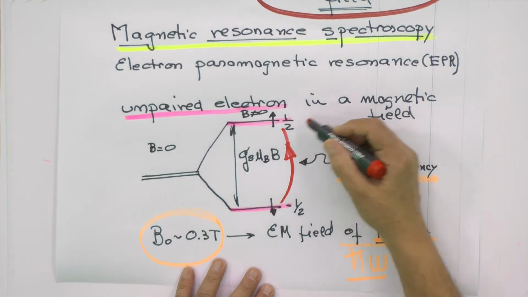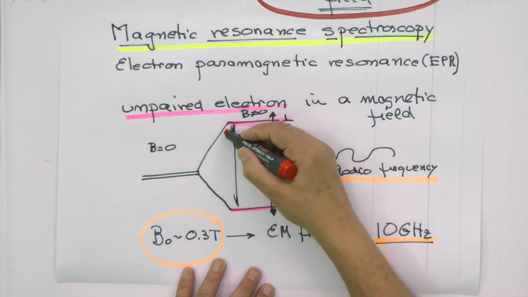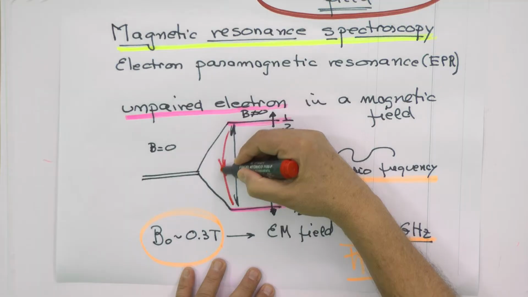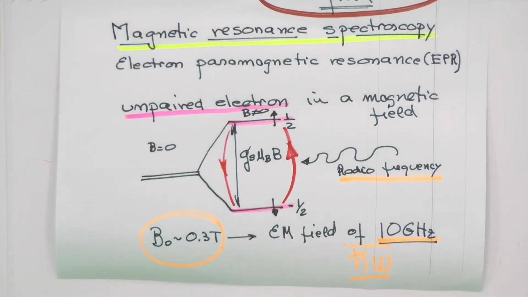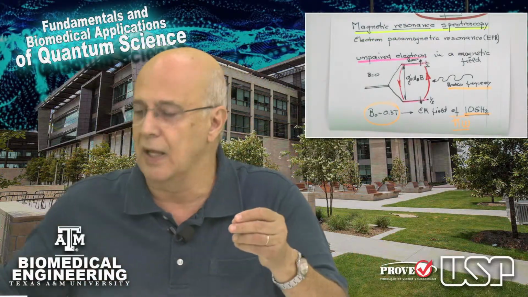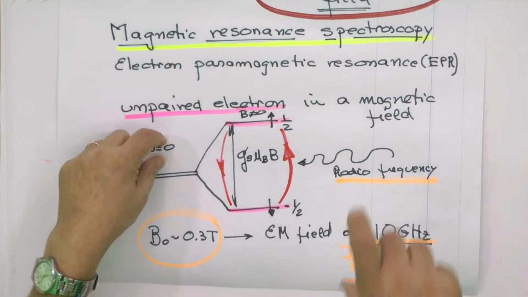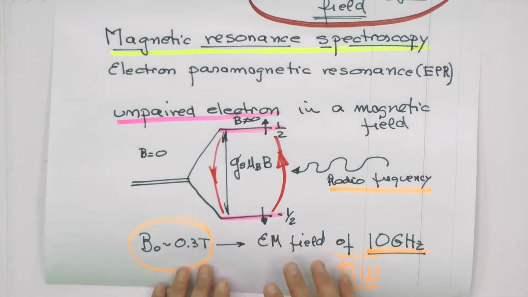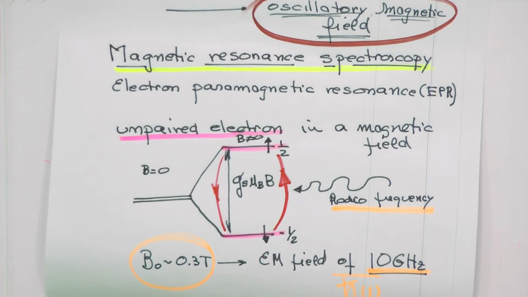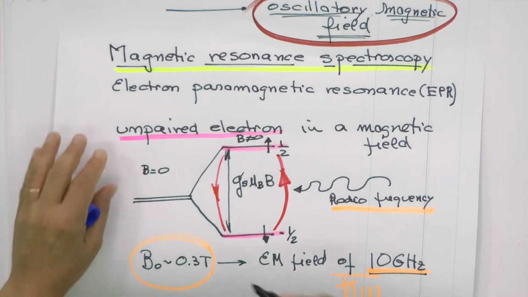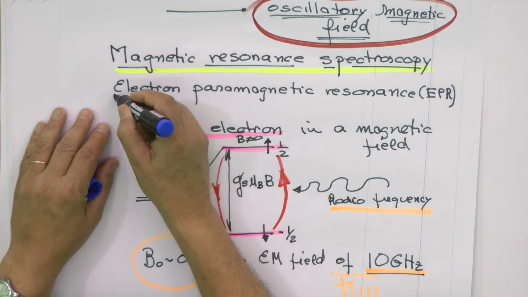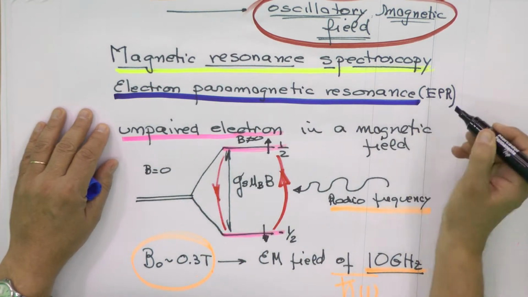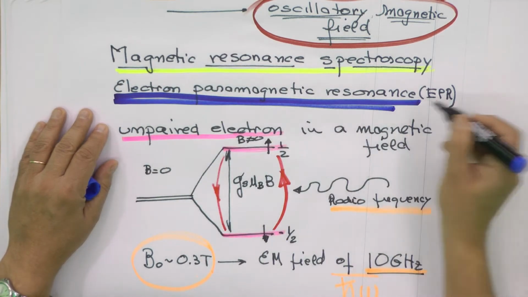And of course, the same radiation can bring the system from up to down. So we'll transfer energy to the electron in the presence of this big bias field, this big magnetic field. And then this is called the magnetic resonance, but applied to the electron. And normally it's called electron paramagnetic resonance, EPR.